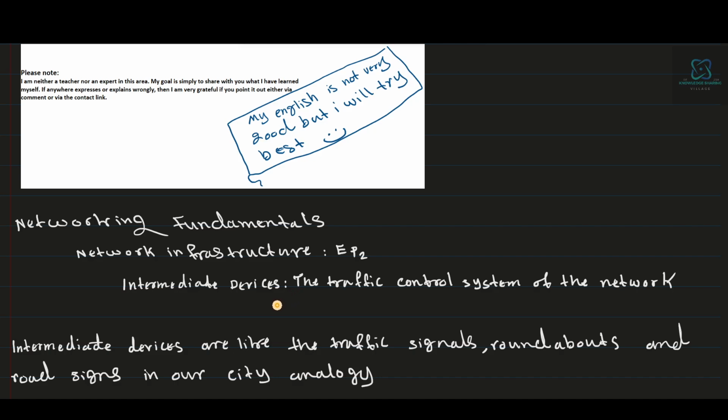The first one was intermediate devices, and this is the topic of this episode. If you remember our city analogy that we explained in the first episode, intermediate devices are like the traffic control system of the network. Okay, so are you ready?